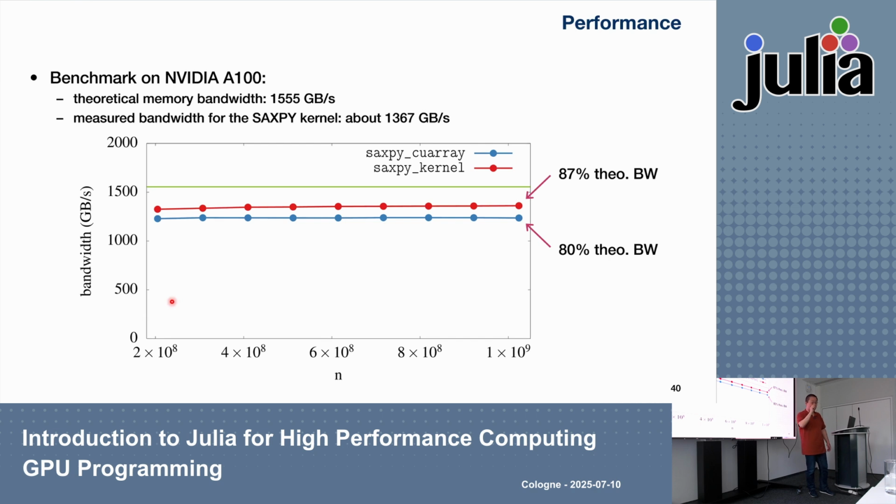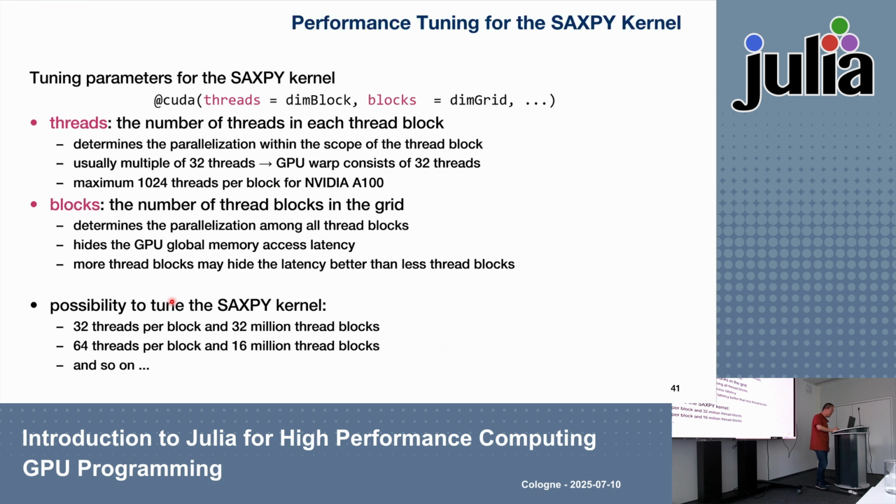And I will show you another configuration, a so-called optimization, that will make the CUDA kernel even slower than the CuArray programming. Okay, performance tuning for a CUDA kernel. As you can see, it's already very complicated. You can tune the dimension of the threads and the thread blocks.